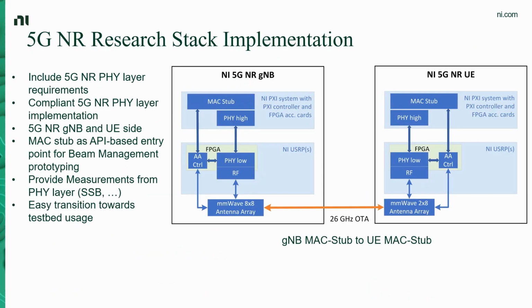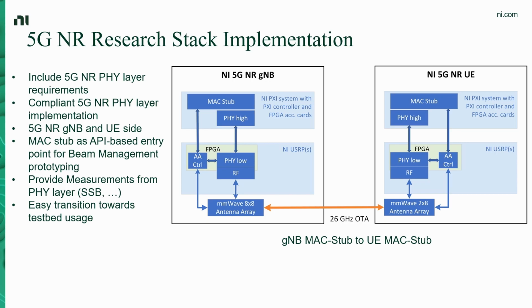Our 5G NR research stack implementation is shown on this slide. The block diagram shows the stack starting from RF up to MAC stop only, since we are focusing on beam level mobility-based beam management. The 5G NR 5-layer implementation is standard compliant.